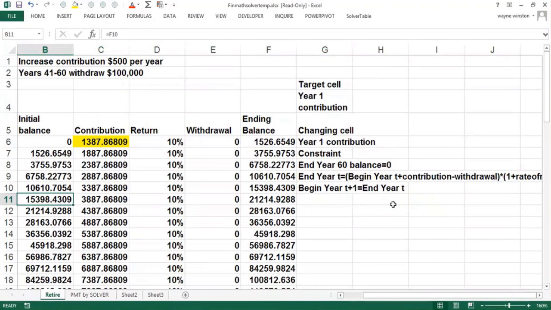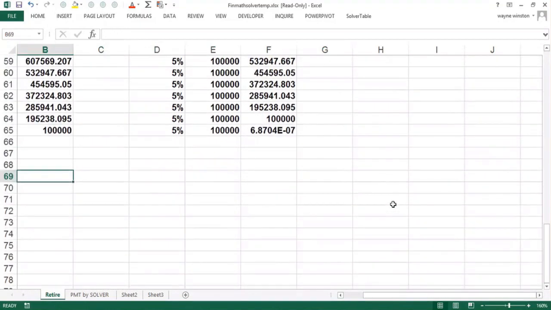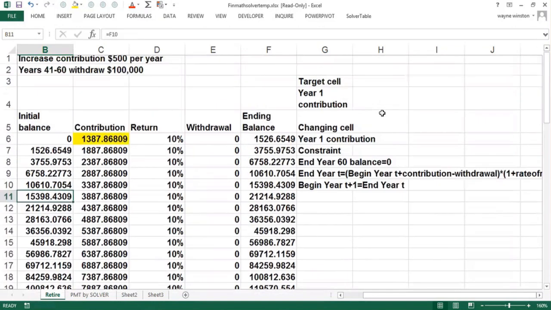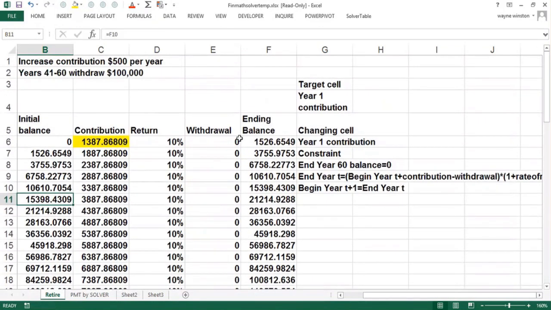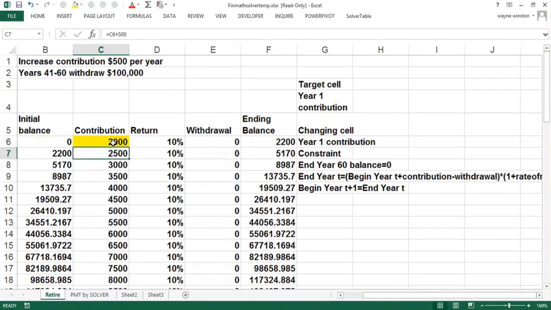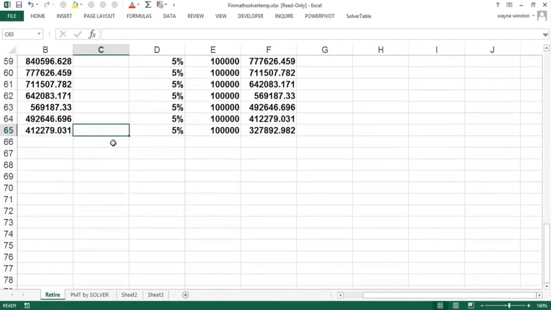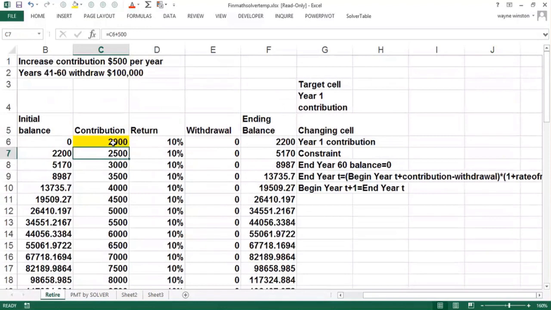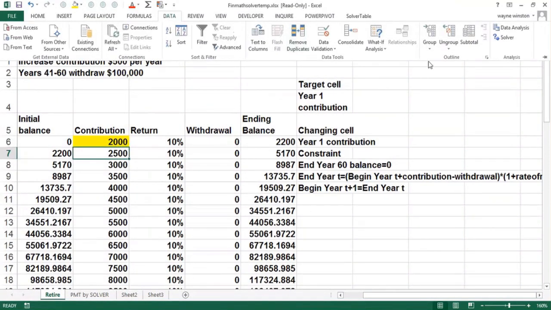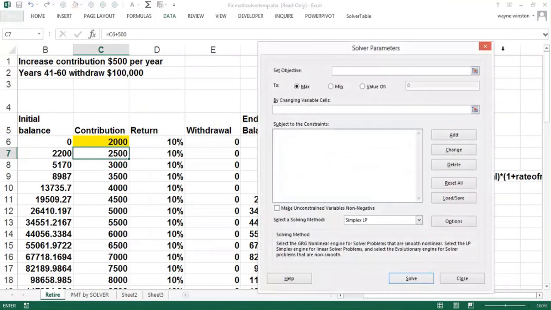All right, so 1387 does work out, you can see, because you end with a balance of 0 here. But let's suppose you put in 2,000 in year 1, 500 every year, you'd end up with a lot of money in the bank, the power of compound interest. But all I have to do is go Solver. I want to minimize the contribution.